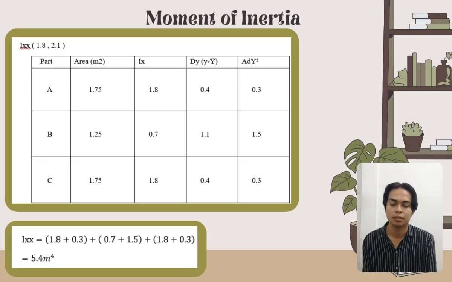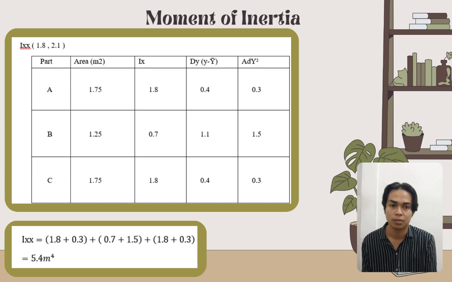After that, the next step is to calculate the moment of inertia, which is still the same. You have to calculate the area and then calculate the Ix, using the formula b times h to the power of 3 over 12, and I get 1.8, 0.7 and 1.8.